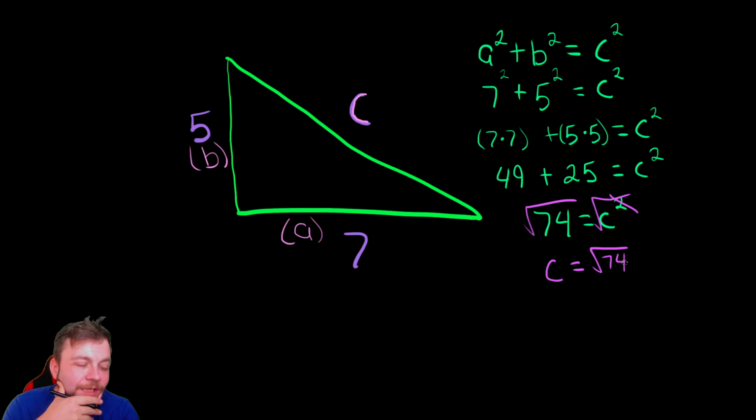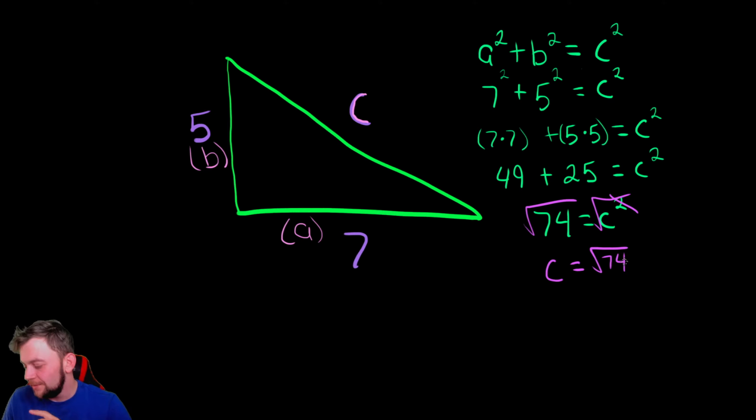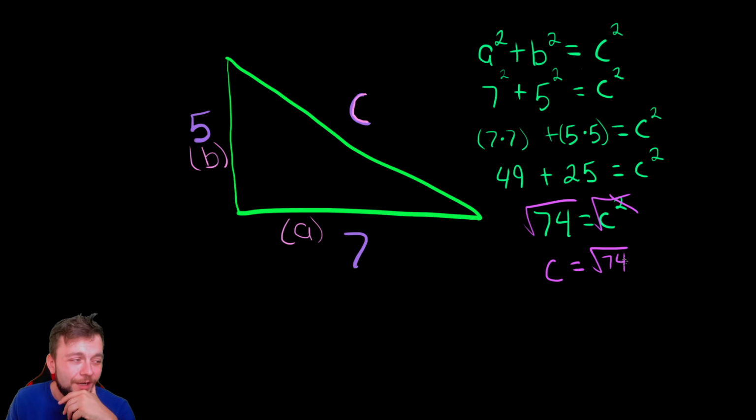Oh, like 16 and what? What times? Hang on. Oh, it doesn't. 74 divided by 2. Oh, it's not 32. 74 divided by 2 is 37. So, we could probably just leave this as is. I don't think there's anything else that goes into 74 other than 2. We can double check.